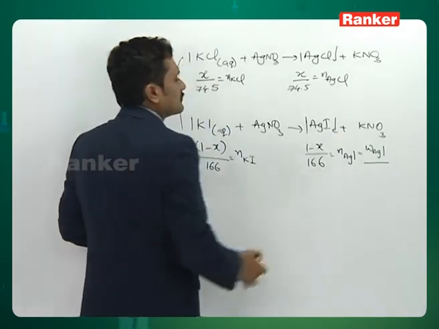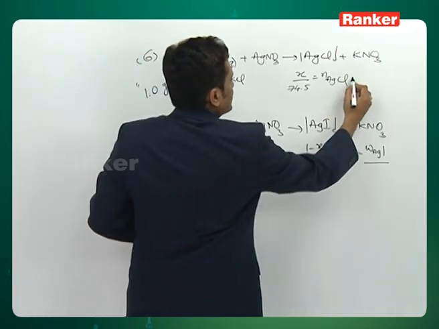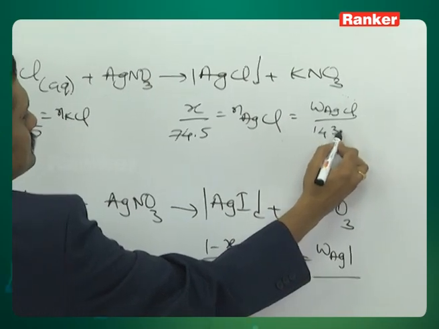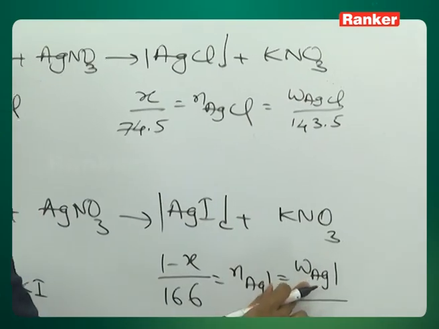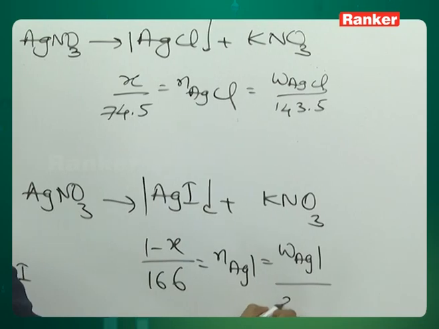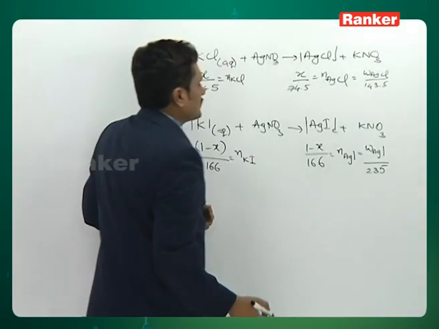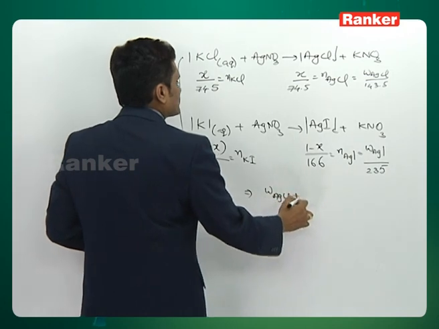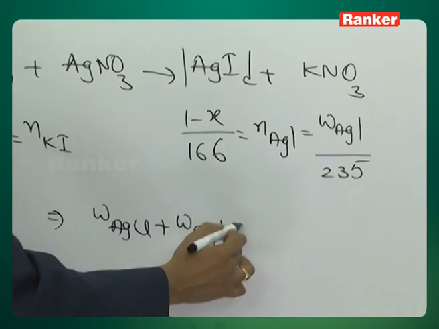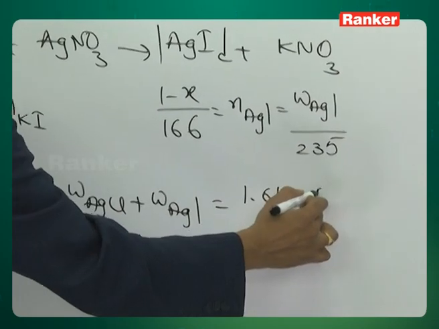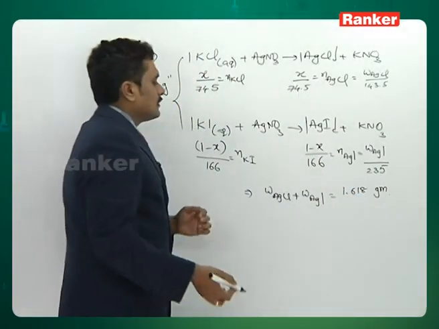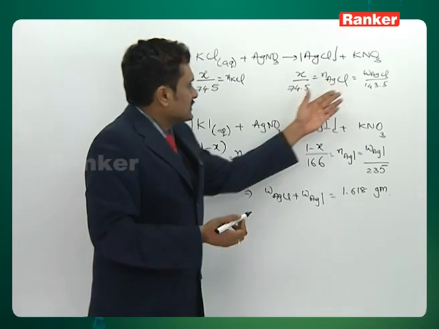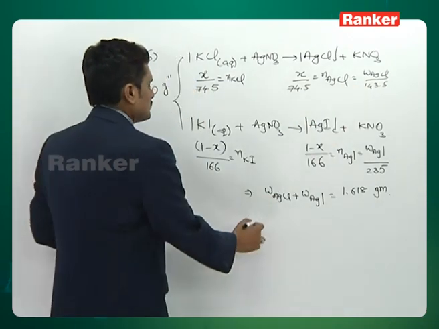Now I will write the number of moles of these corresponding substances as weight by molecular weight. Molecular weight of this is 108 plus 127, that is 235. Now we all know that in this question, we have been given that the weight of the mixture is 1.618 gram, and here I will be obtaining the weight of AgCl.